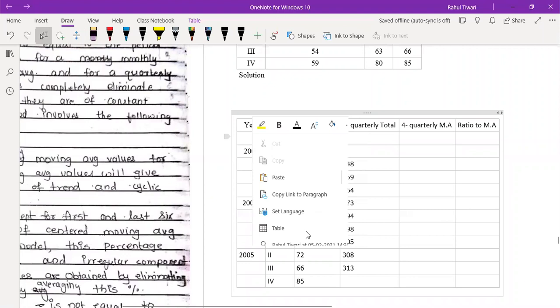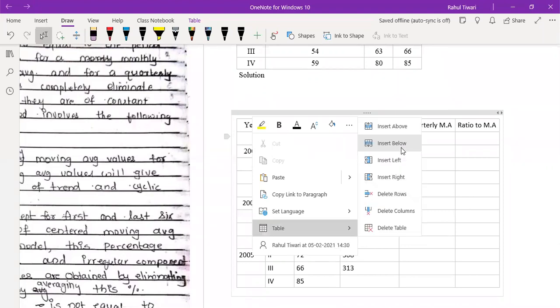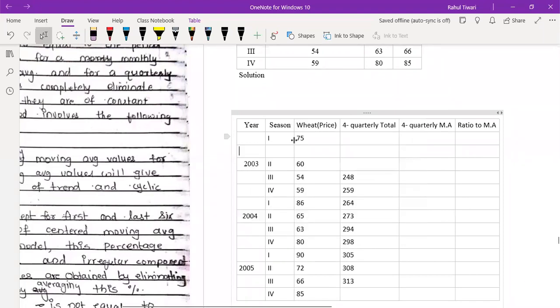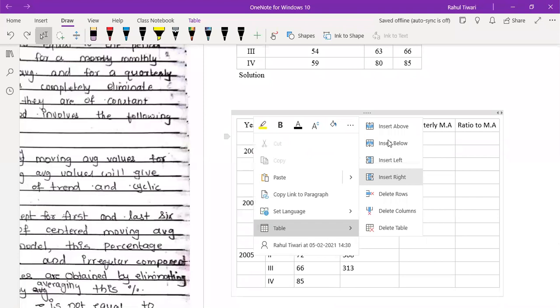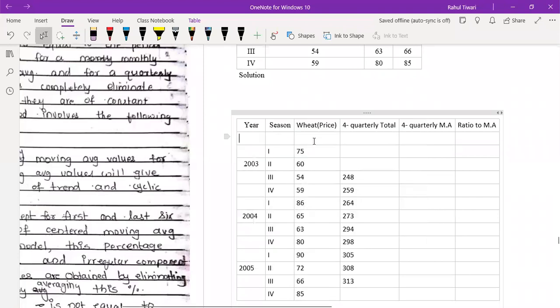I will simply add one more column below this. This will be the total. I will say some name, 1, 2, 3, this is 4.